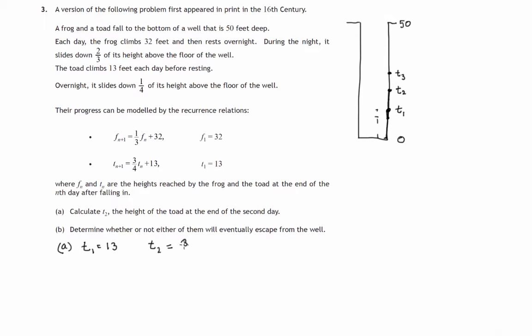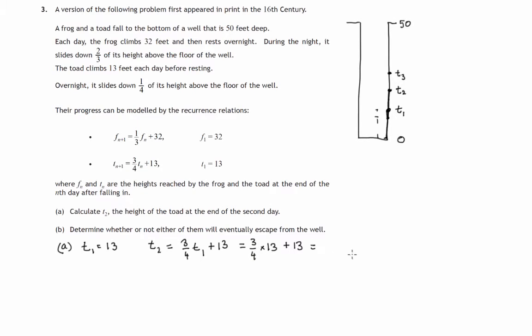So 3/4 of T1, and then it moves up another 13 feet. So we have to calculate 3/4 of that original 13, the height that it moved up during day 1, and then add 13.